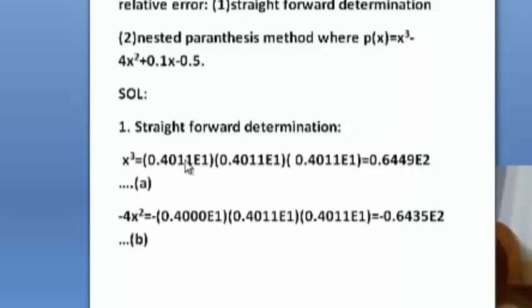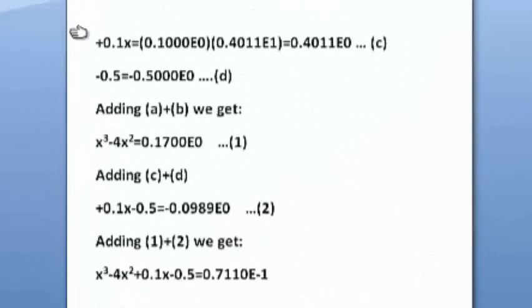This is equation A. Now calculate minus 4x square, and the final answer is minus 0.6435 E2. This is equation B. Now calculate 0.1x, which gives 0.4011 E0. This is equation C. And at last, minus 0.5 can be written as minus 0.5000 E0. This is equation D.